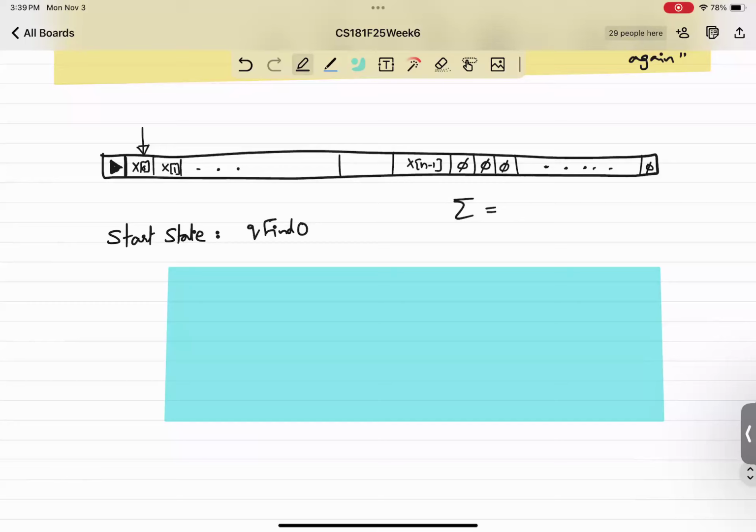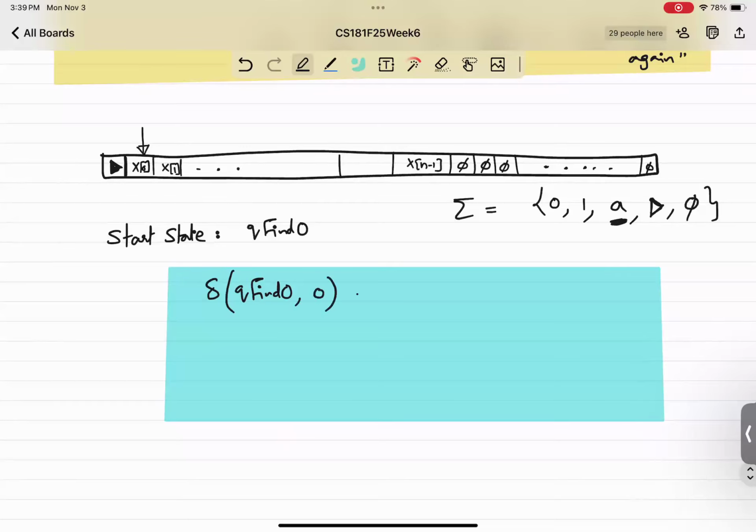And the alphabet, as I said, is basically 0, 1, A, the triangle, and the empty symbol. This A is kind of our seen marker. When I say QFind0, it means I'm in the process of looking for a 0.